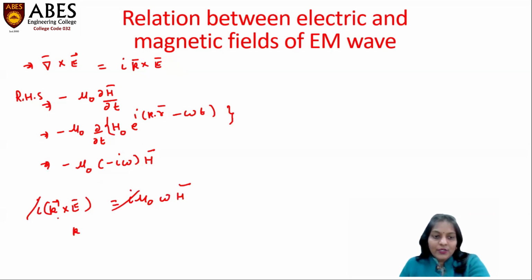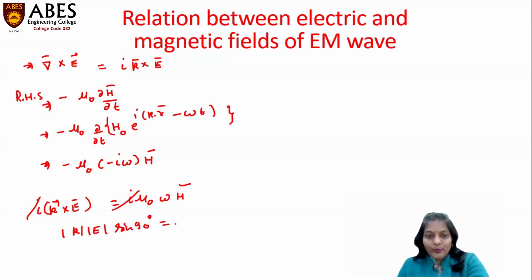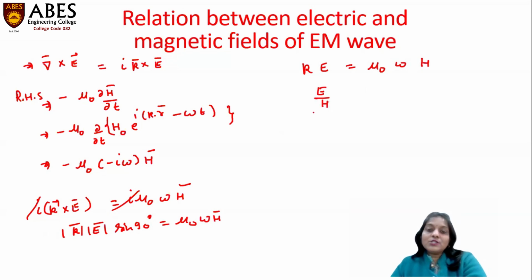And in k cross E, k and E are perpendicular to each other due to the transverse nature. So in terms of magnitude, it can be written as kE sin 90, and it is equal to mu naught ω H. So kE is equal to mu naught ω H. And this E by H is called the relation of the electromagnetic wave.